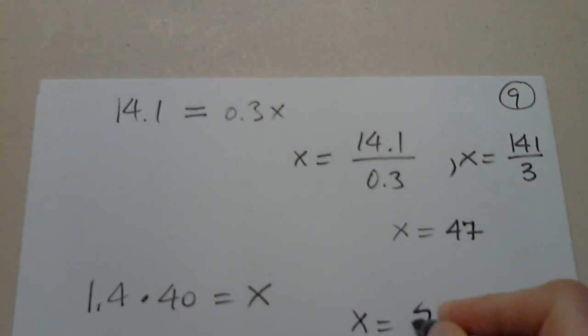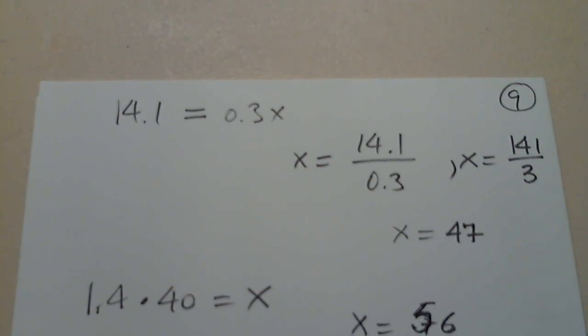I'm telling you, I can multiply today. 4 times 4 is 16. 16 plus 1 is 5. 56. Is this okay? So I used x, but they used n, which is fine. So 1.4 times 40 equals n. Good.